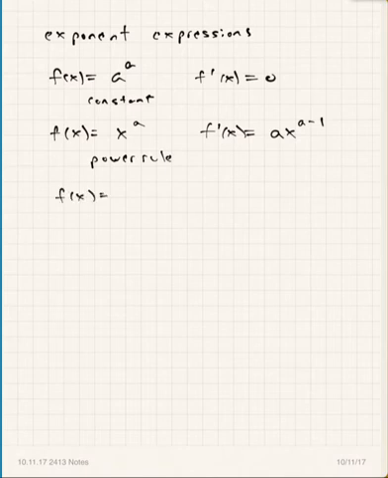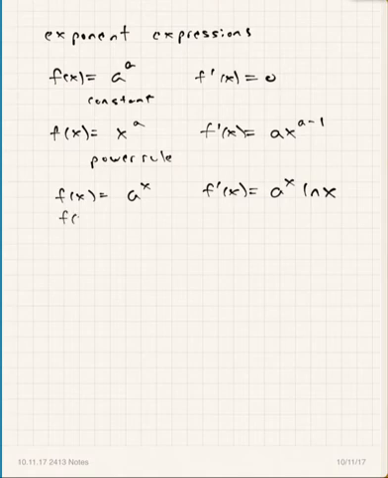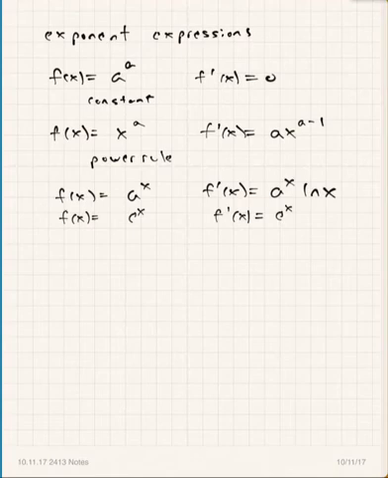If f of x is equal to a to the x, that's what we just derived on the last page, then f prime of x would be a to the x times the natural log of a. And then the specific version of that property for e to the x would be that this is just e to the x, because the natural log of e is equal to 1, so that's just a specific version of that property.